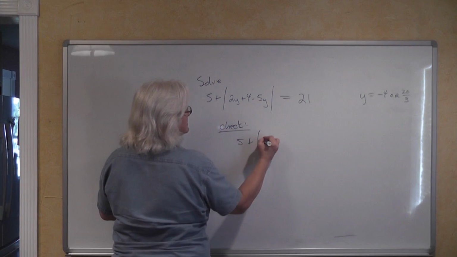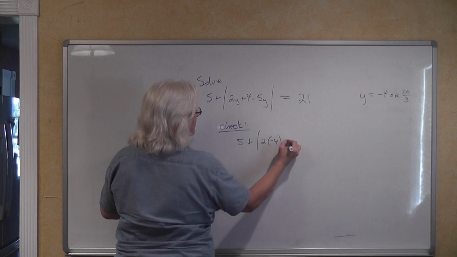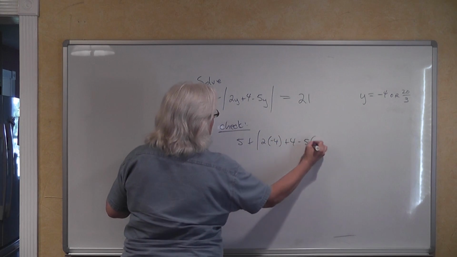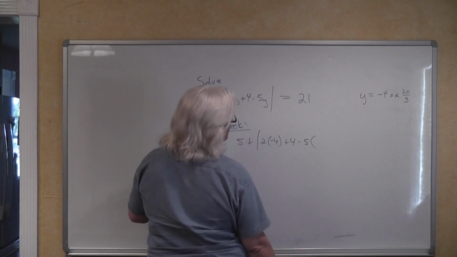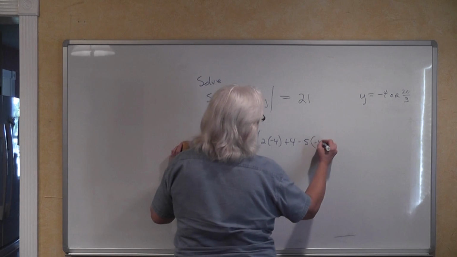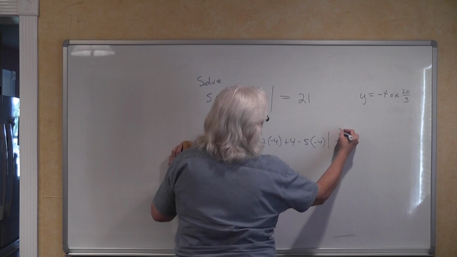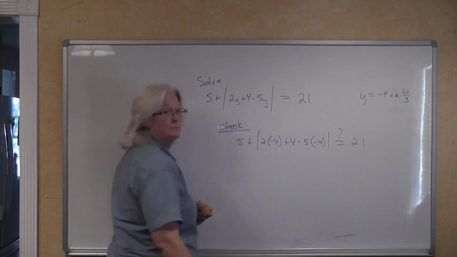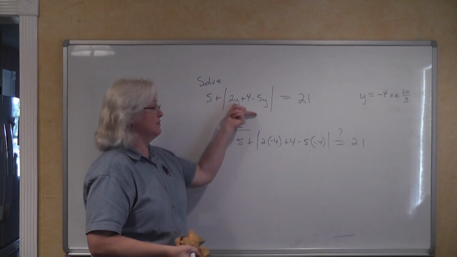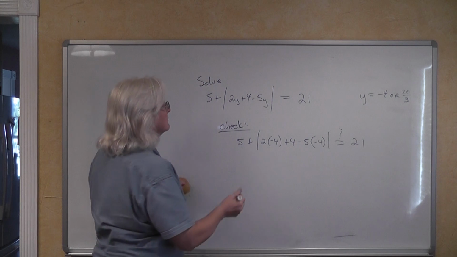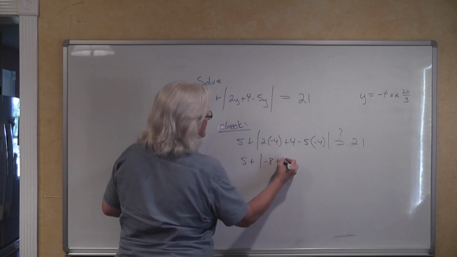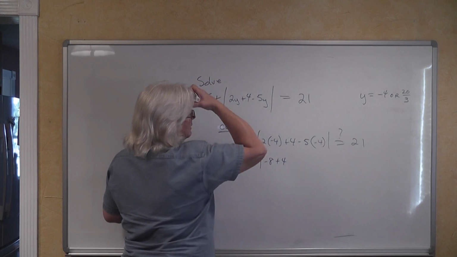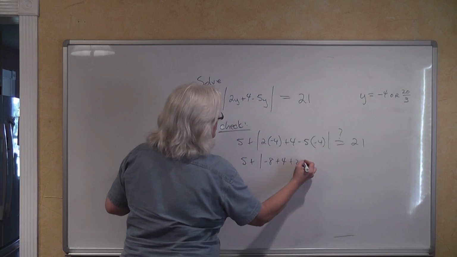5 plus the absolute value of 2 times negative 4 plus 4 minus 5 times negative 4. Is that equal to 21? And I'm not even going to combine in there and say negative 3y. 5 plus the absolute value of negative 8 plus 4 plus 20.